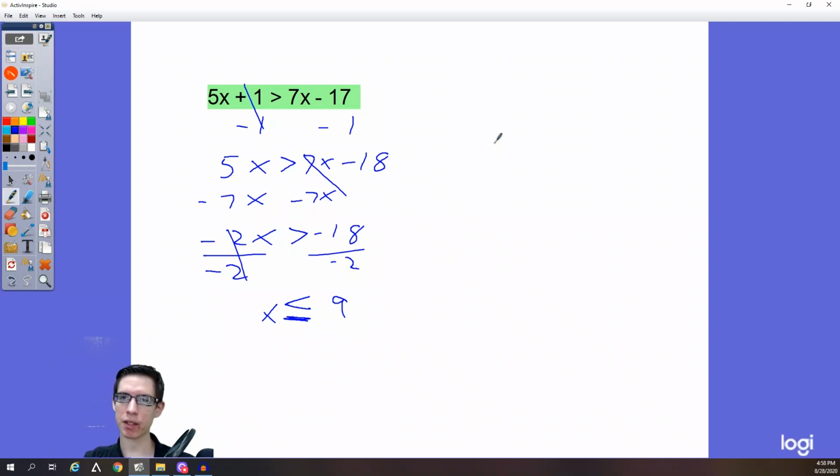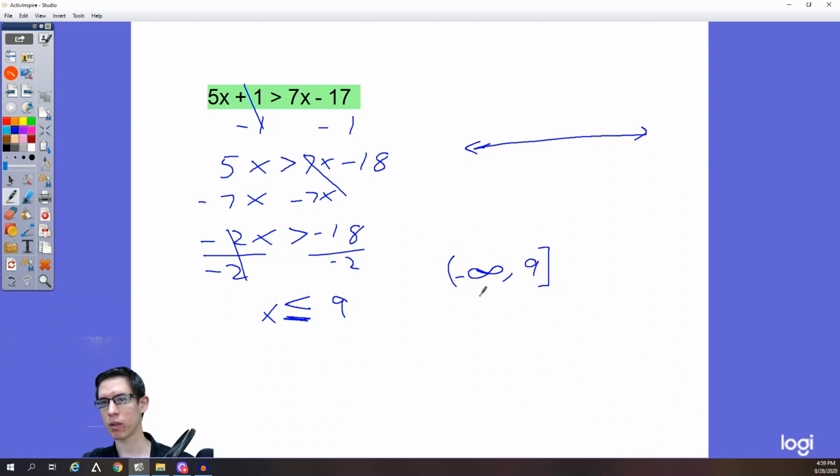And as promised, I'm going to illustrate it with a number line. And I'm also going to illustrate it with interval notation. So first I'm going to give you interval notation, and then I'm going to show you what it's going to look like on the graph. Interval notation in this case is going to be negative infinity, comma, 9. 9's going to get a bracket, and of course negative infinity always gets a parentheses.